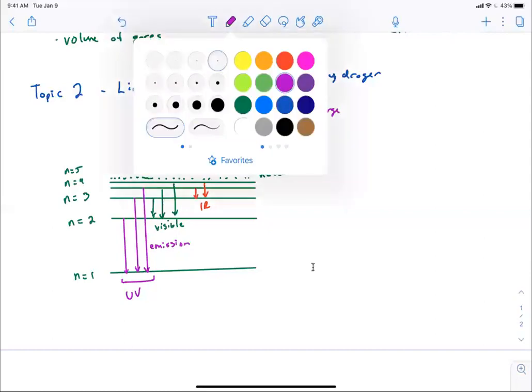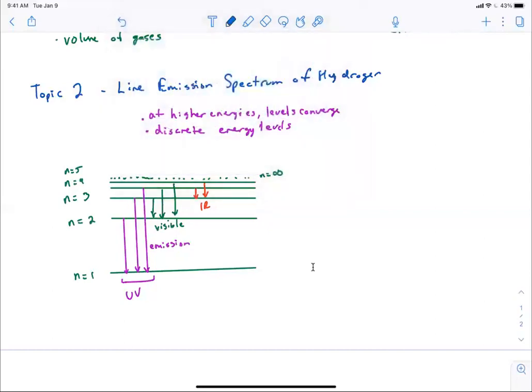Now, before we translate this into a different graph, there are a couple other concepts that you need to be aware of on this spectrum and using this illustration. The main one, I think, is going to infinity, okay? And that represents ionization energy.